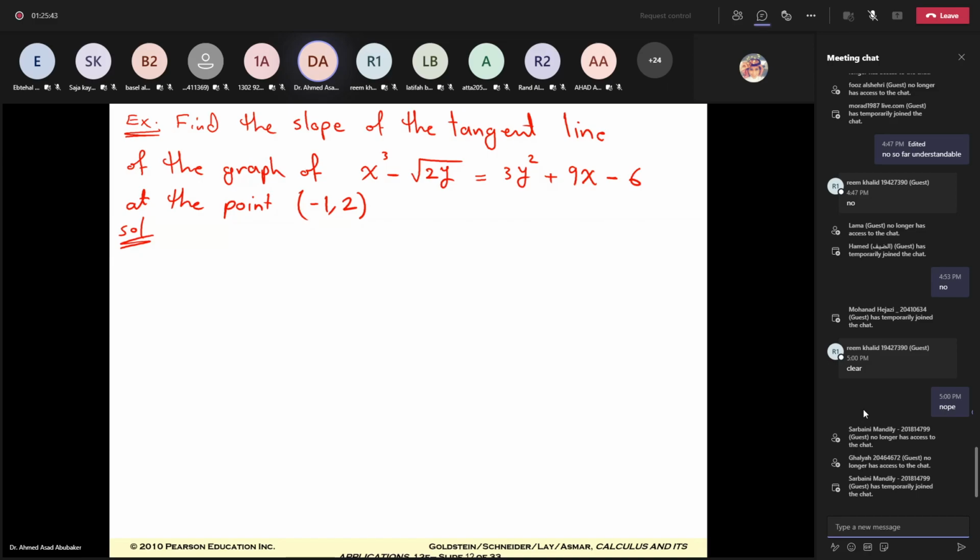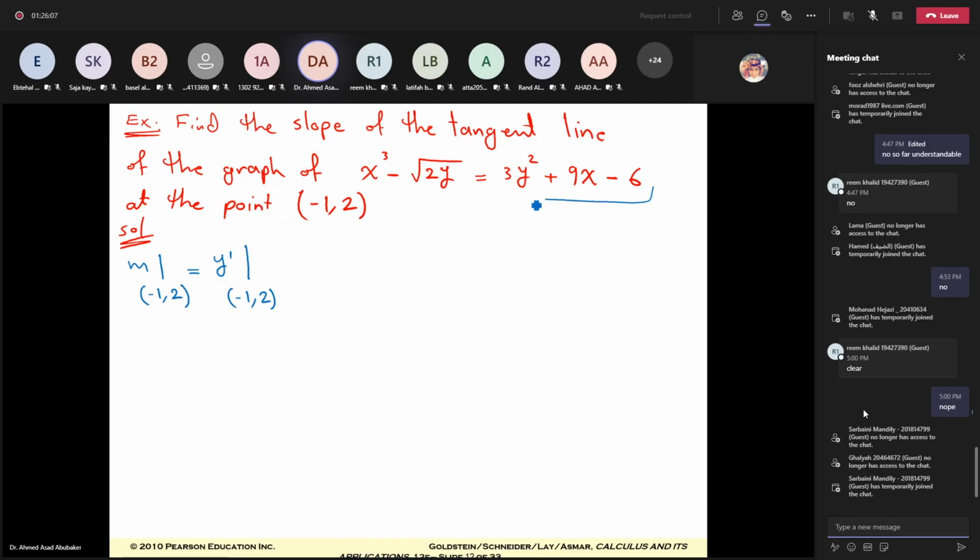To find the slope, we need to find the slope m at x equals -1 and y equals 2. So this means find y′ and substitute x equals -1 and y equals 2.